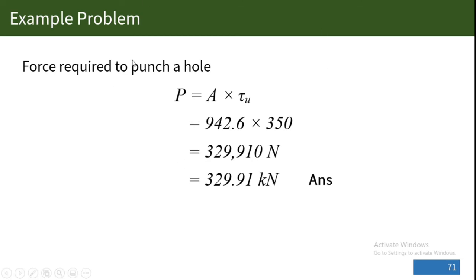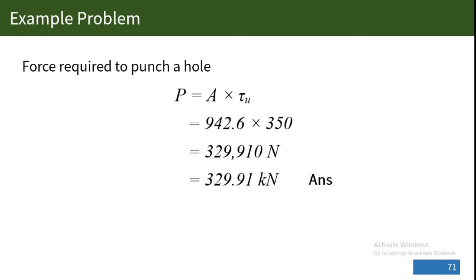When you are solving this problem, please take note of the units and the consistency. The unit of area is millimeter squared, and the unit for the maximum shearing stress is Newton per millimeter squared.